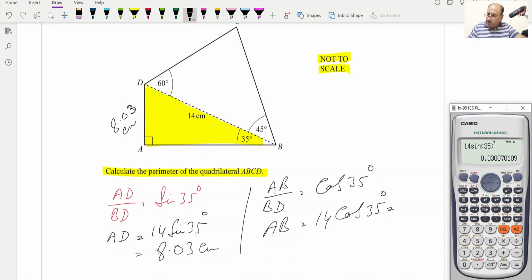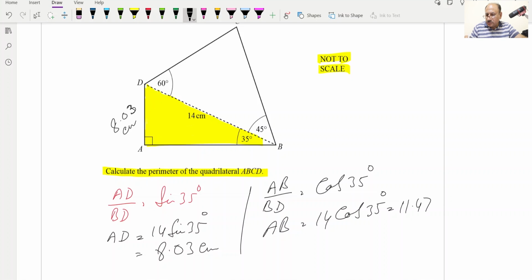We can write 14 cos of 35 in degree mode, so it will be 11.468, so 11.47. Now we got this side, 11.47 centimeters. Now these two sides are remaining.